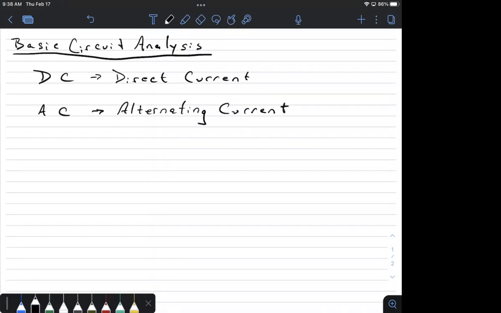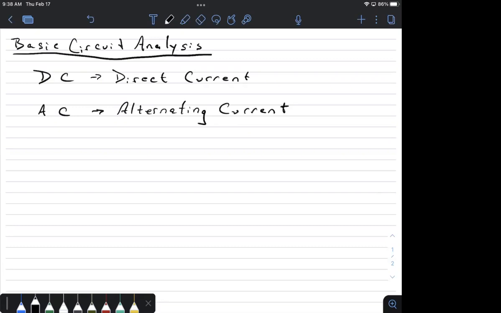Well, the difference between these is basically how the electrons which flow through the circuit, that's what the electricity is, basically. We call it a current. Current is the flow of these electrons through the wires. And the difference between DC and AC is how the electrons flow in the wires.